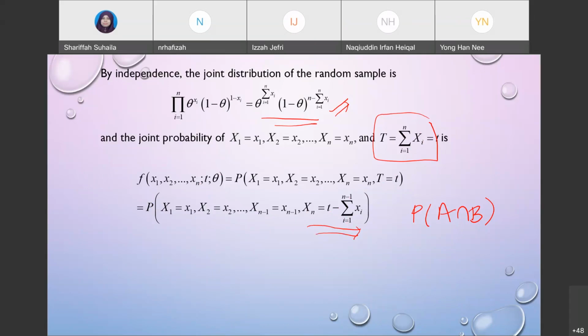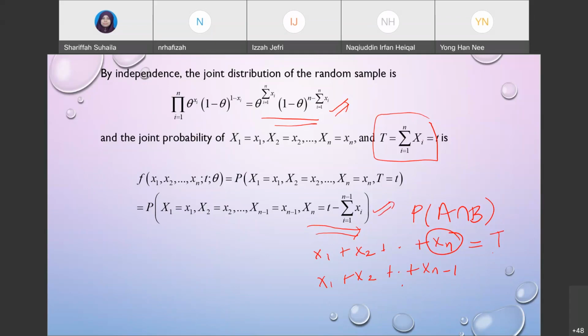Maksudnya kat sini, x1 plus x2 plus up to xn minus 1, so this is your t. So t minus this one, you get back your value for your Xn. So that's why kita dapat this one term dia.